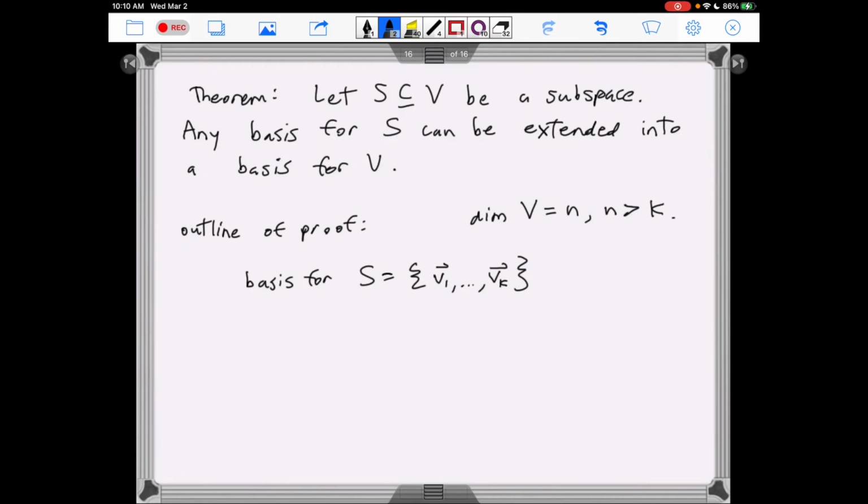Okay, so how do we extend this into a basis? Well, all you need to do is say the following. You can create sort of a loop here. So you could ask a question.